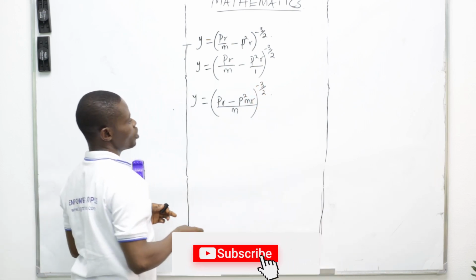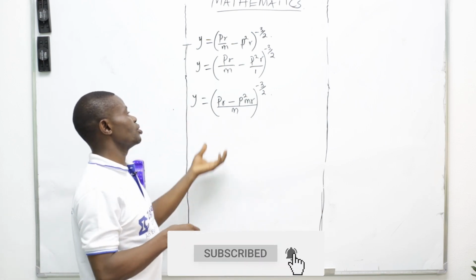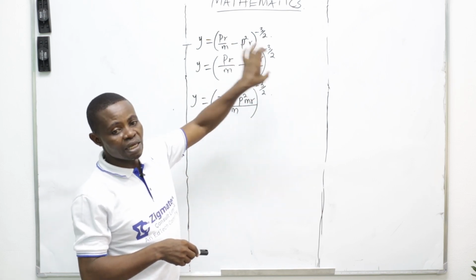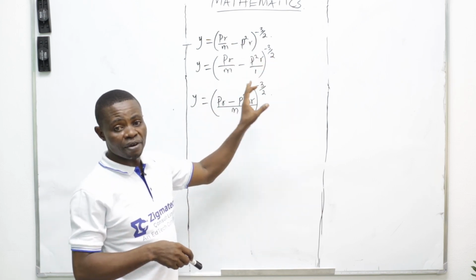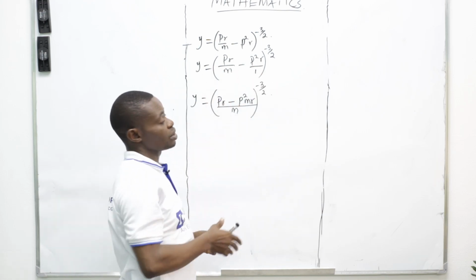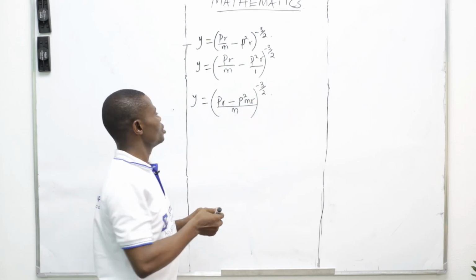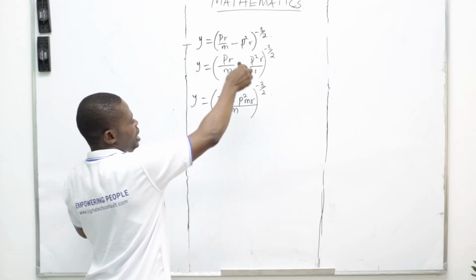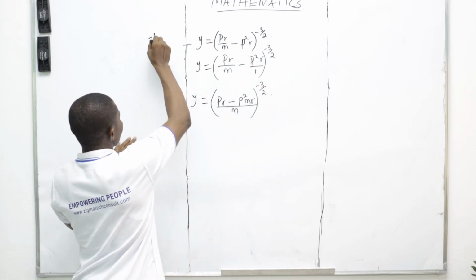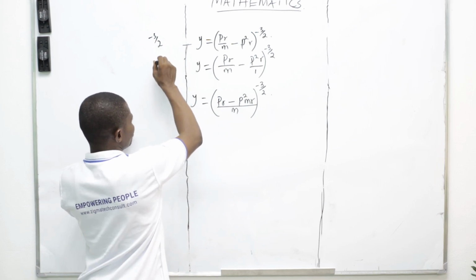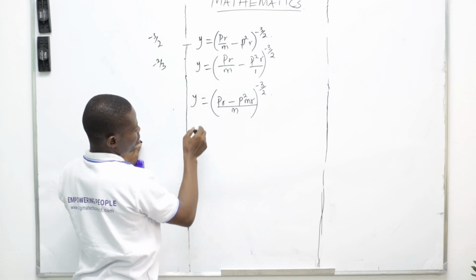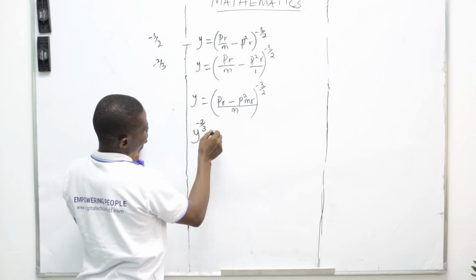The next thing I'm going to do, because you can't just cross multiply without clearing the index, it's going to be a difficult thing. So ask yourself, what do I do so that I can clear this power? You multiply both sides by the multiplicative inverse of minus 3 over 2, which is minus 2 over 3.